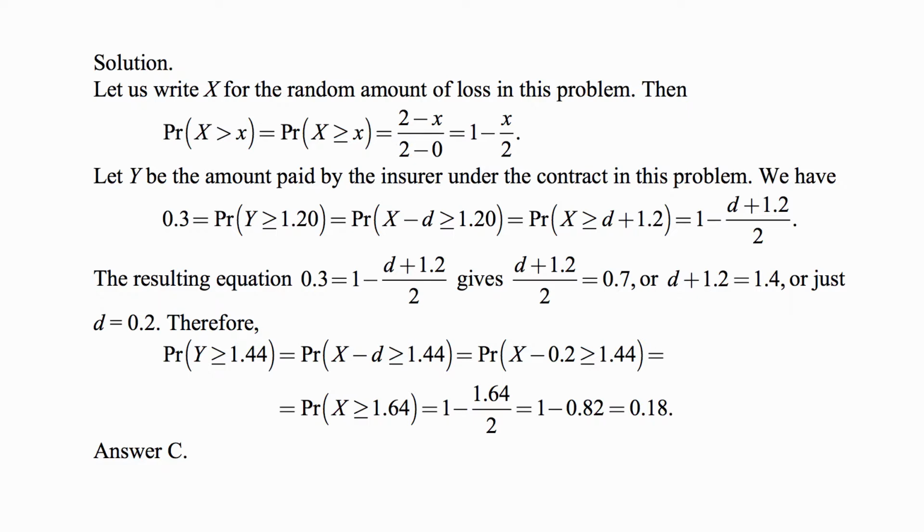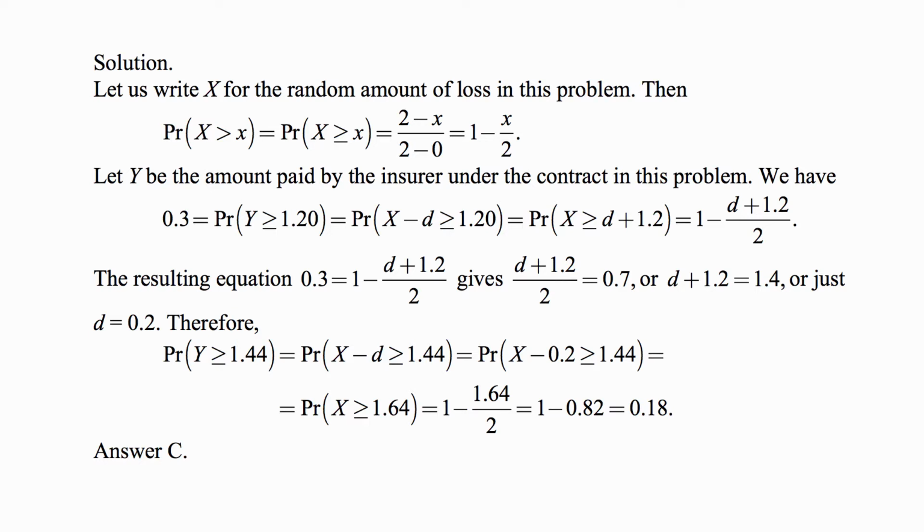So that's the same as the probability that x minus d is greater than or equal to 1.20, which is the probability that x is greater than or equal to d plus 1.2, which is 1 minus (d plus 1.2) over 2. And from this we get that 0.3 is equal to 1 minus (d plus 1.2) over 2, and that means that (d plus 1.2) over 2 is 0.7, or d plus 1.2 is 1.4, so we can conclude that d is equal to 0.2.